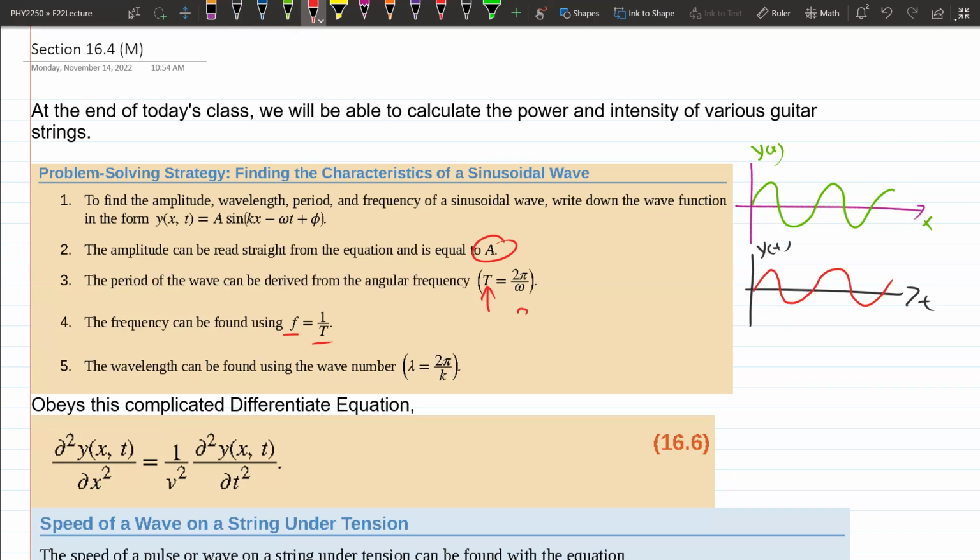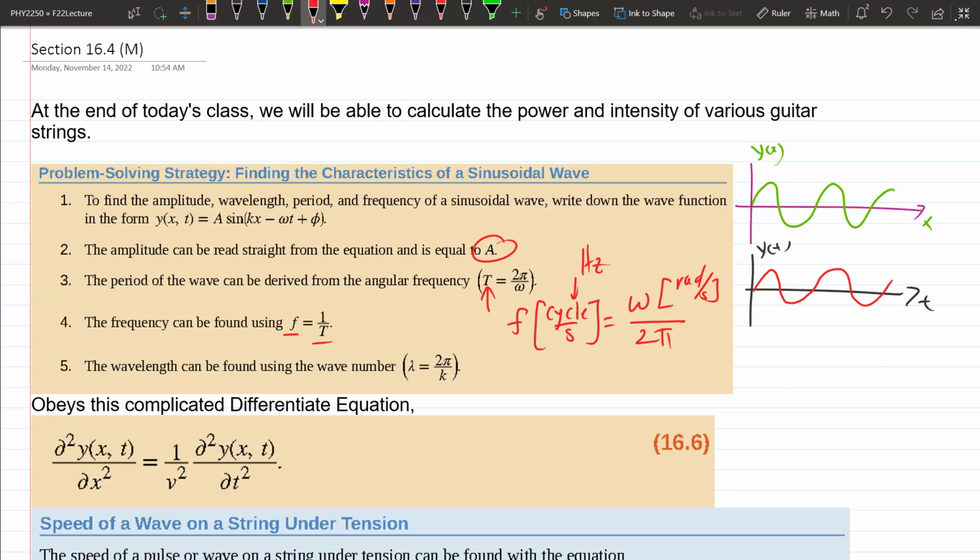The frequency tells you how many cycles per second, versus radians per second. Cycles per second is known as a hertz, and it is the angular frequency, which gives you the number of radians per second, divided by 2 pi. This 2 pi is just a conversion factor between the two.